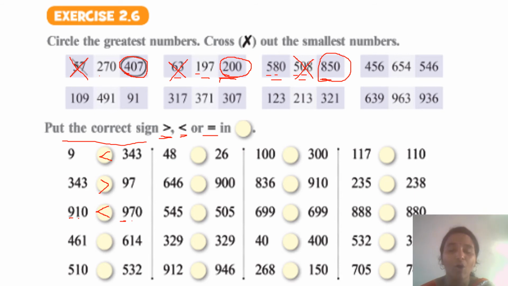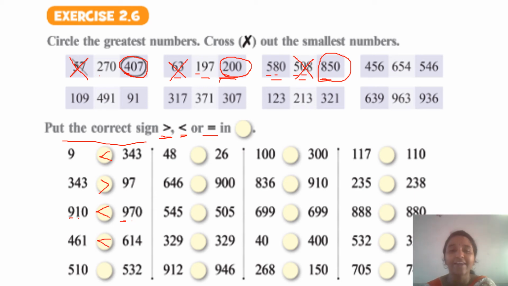Next, 461 and 614. From hundreds itself we will come to know that 614 is the greater number. 614 is greater than 461. What will 614 do? It will shoot 461, so I am keeping an arrow like this.